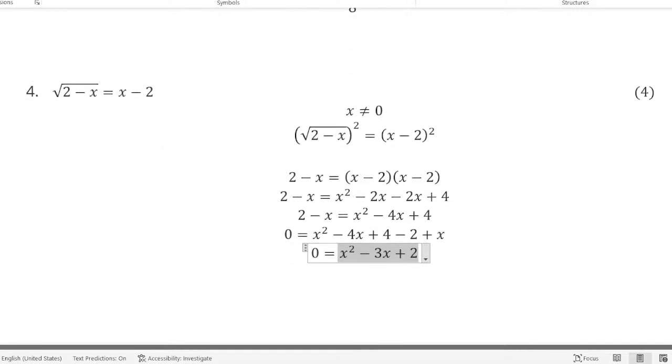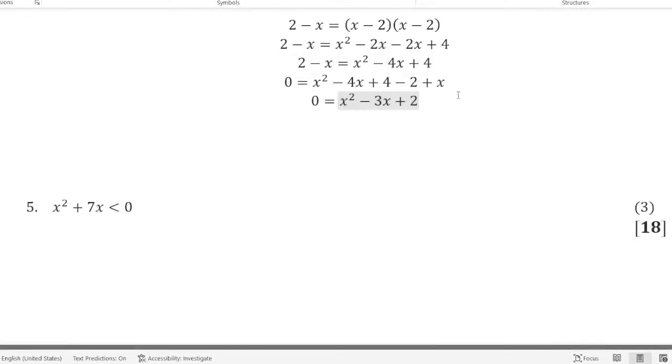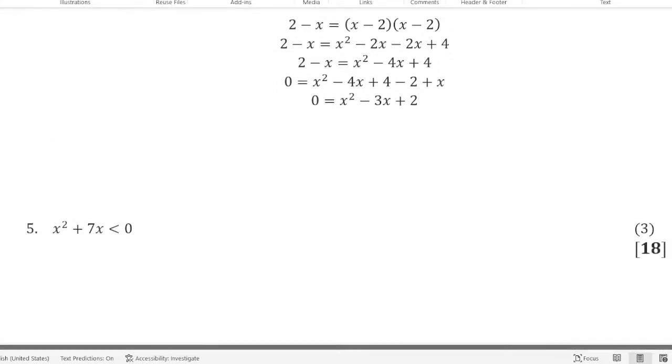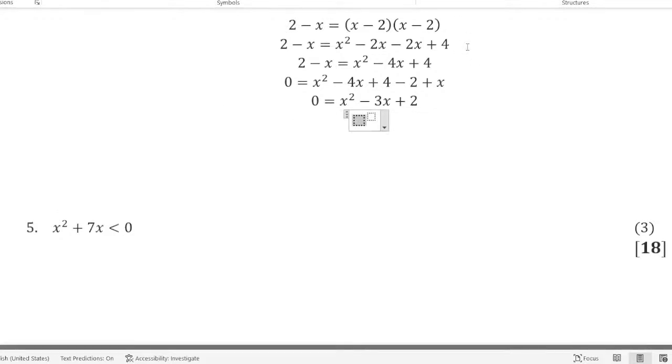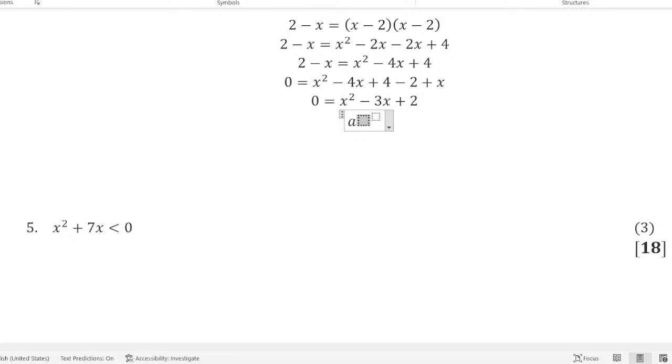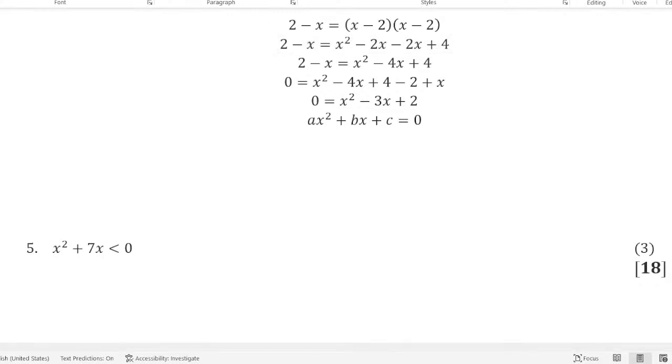Remember, earlier when we started, we said that when we're solving a quadratic equation, it should always be in the form of ax squared plus bx plus c is equal to 0. So now we have to change this equation into that form.